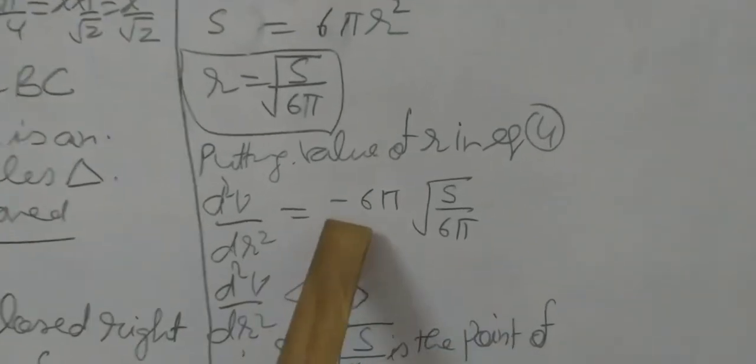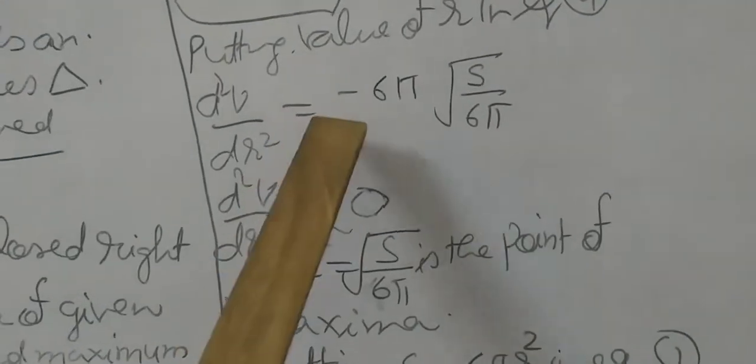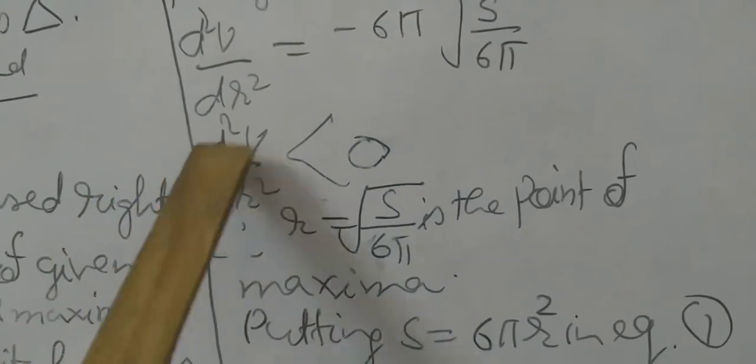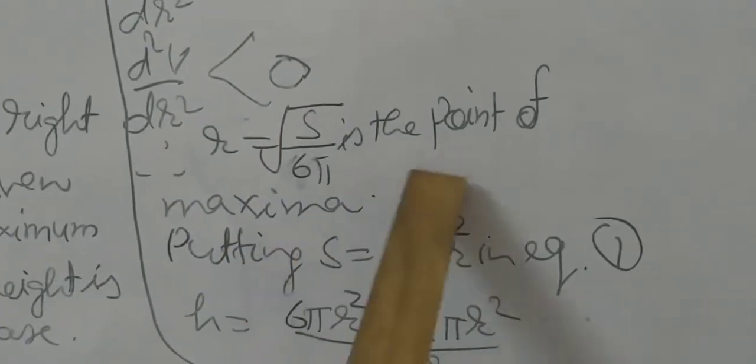So student, this is negative. We have to check the sign only, it is not required to solve. So it is negative, d square V upon dr square is less than 0. Therefore r equals root of S upon 6 pi is the point of maxima.